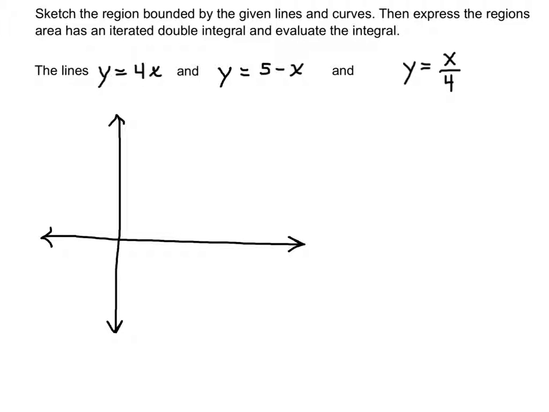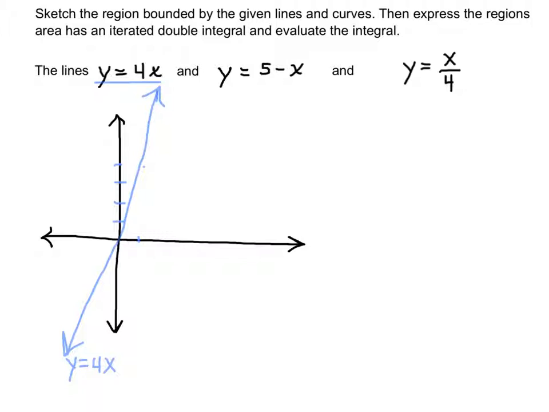So our first line, y equals 4x, that's a direct variation, which means it's going to go up 4 over 1, up 1, 2, 3, 4 over 1. I'm going to go through this point here, so it's going to look something like this, and come down through the origin. So there's our line, not exactly straight, but that's the line y equals 4x.